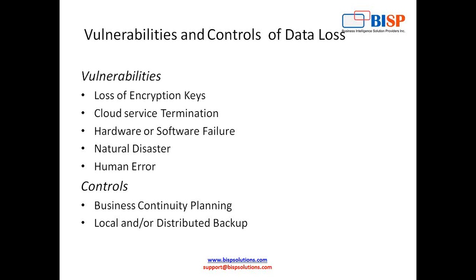And number two, the local and the distributed backup. As I have specified, to minimize the effect of natural disasters and data loss, there should be a minimum number of backups in the local networks and the distributed networks so as to replace the lost data immediately. So these are the controls that can be used to minimize data loss.